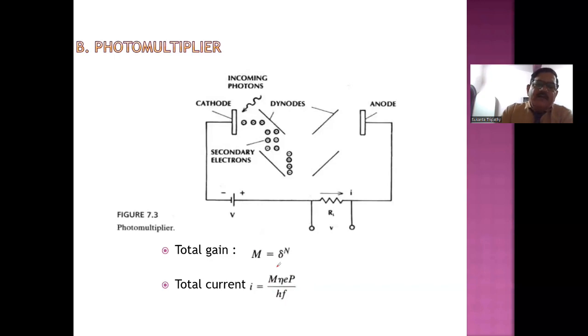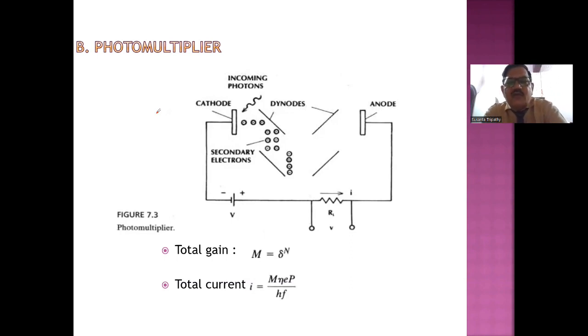And if you have gain M, then the current will change to M times eta eP divided by hf. So what I'm saying is, if you have a very small current produced in a vacuum photodiode, then this current can be increased by a factor of M, where M is equal to delta to the power n in the case of a photomultiplier. This is actually the beauty of a photomultiplier.